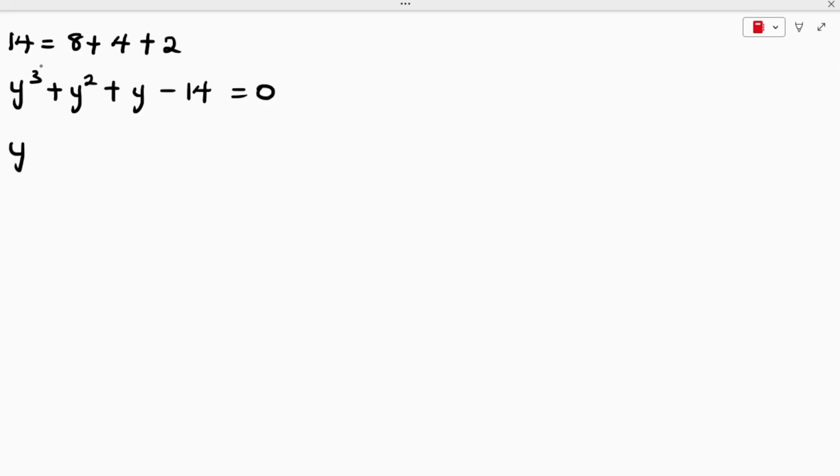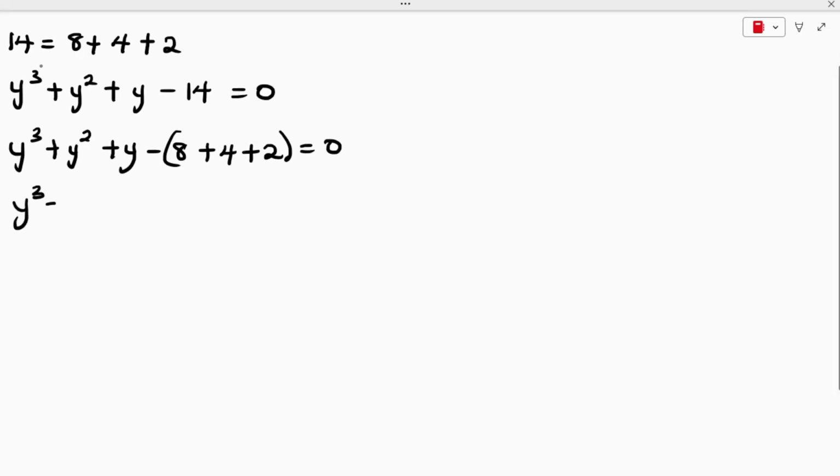We have y cubed plus y squared plus y minus (8 plus 4 plus 2) is equal to 0. So let's simply open up this bracket. We have y cubed plus y squared plus y minus 8, minus 4, minus 2 is equal to 0.